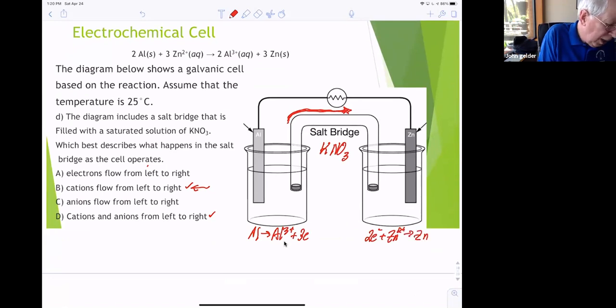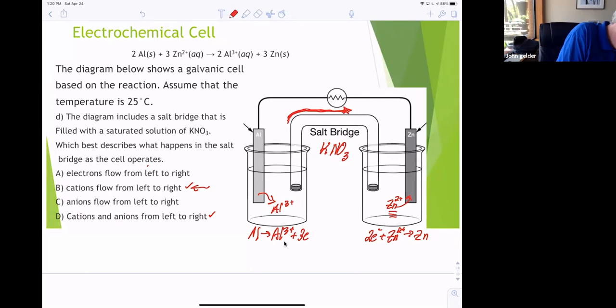And as the electrochemical cell discharges, we're producing cations in this solution. We're increasing cations, but over in the cathode compartment, zinc ions are plating out onto the electrode. So cations are being removed from the cathode compartment, but cations are being added to the anode compartment.